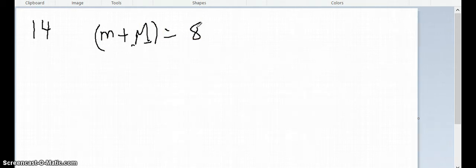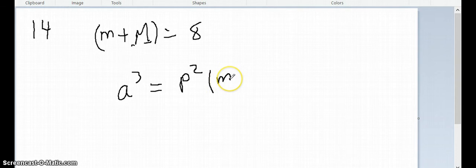I don't remember what the number is, but you use that, and so the equation becomes A cubed is equal to p squared, the period squared, which they give you in years, times the combined mass, which if I remembered it correctly just becomes 8.